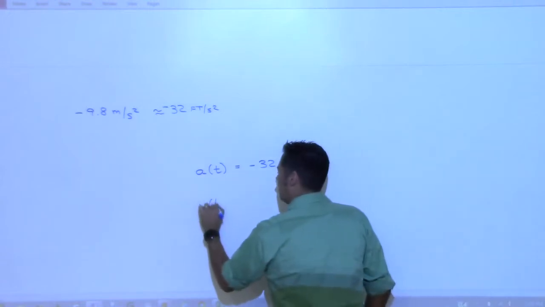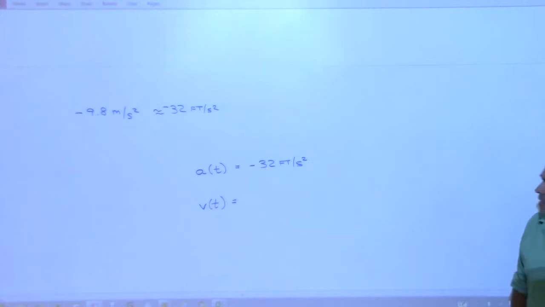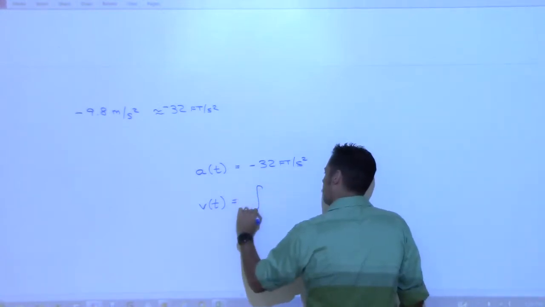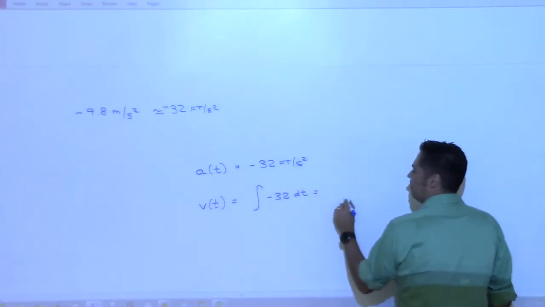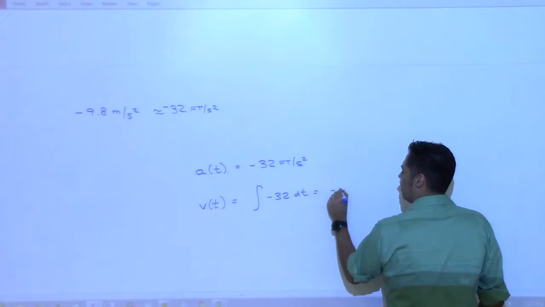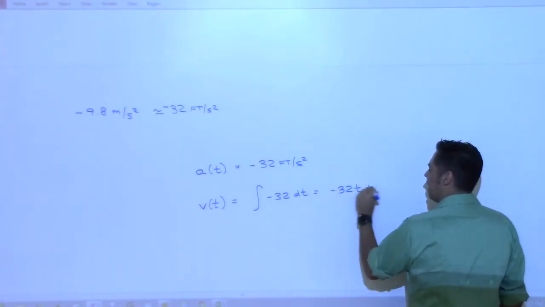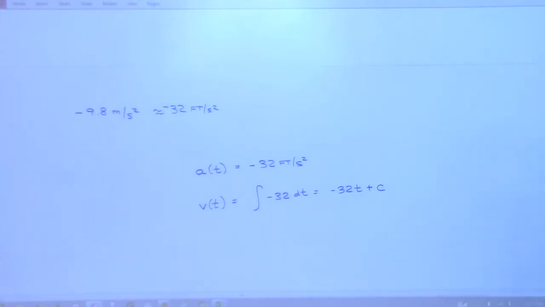So what's velocity? Well, you have to take the antiderivative, right? So what's the antiderivative of this with respect to t? Antiderivative of negative 32 dt would be, what did you say? Negative 32t, because we're using t, could be x, plus some constant, right? Agreed?